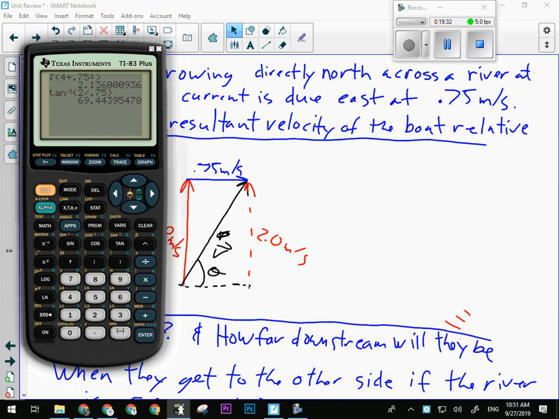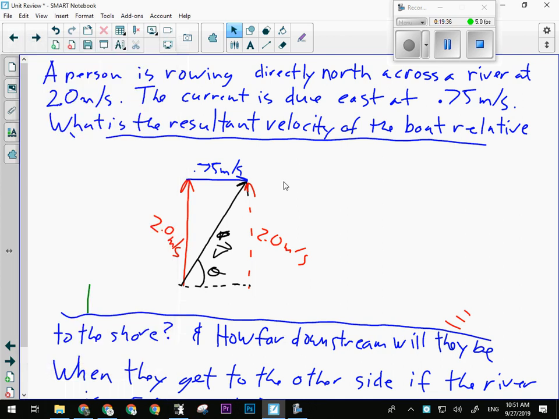Now here's the mistake that people made on the assignment. When it asks how far downstream they will be when they get to the other side, which speed or velocity did people use? They used this one. Does this point downstream?